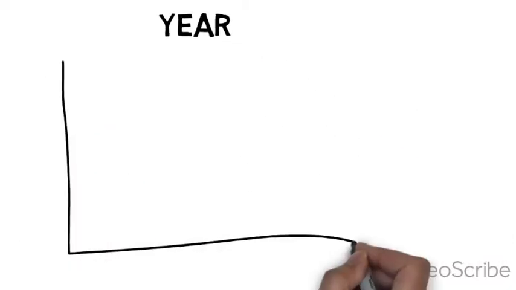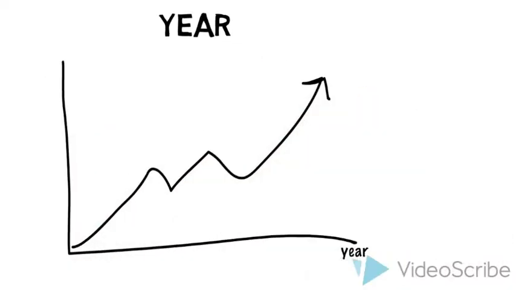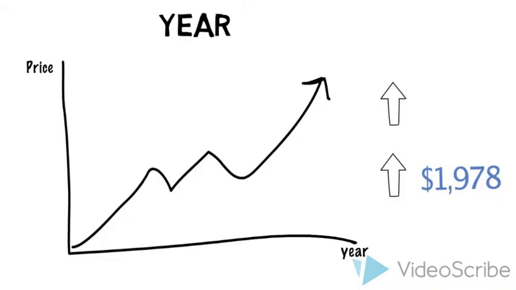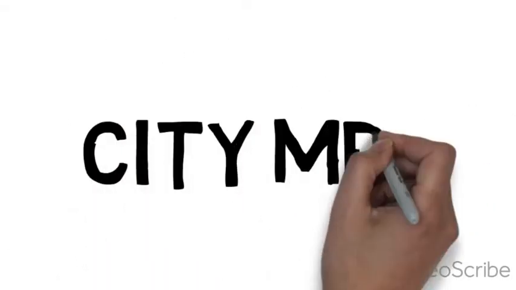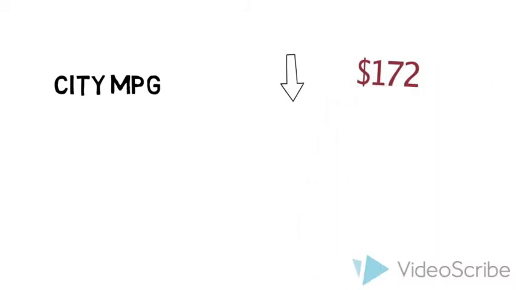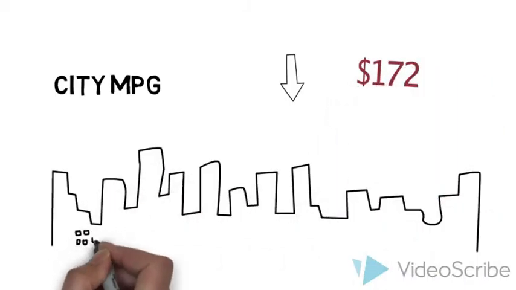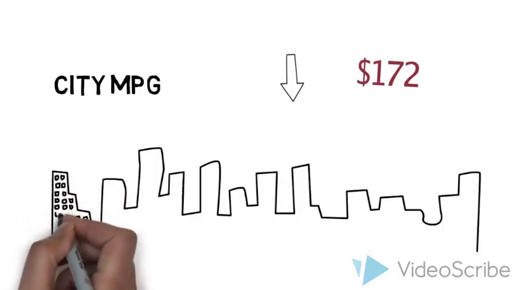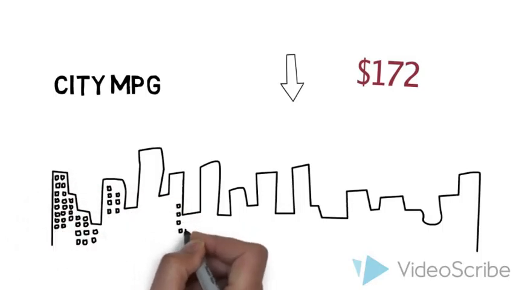For year, when all the variables except the year are held constant, the price of the car increases by about $2,000 on average with each increment in year. City MPG. If city MPG is increased by 1 unit, average price of used car will decrease by about $200. This coefficient makes intuitive sense to us.